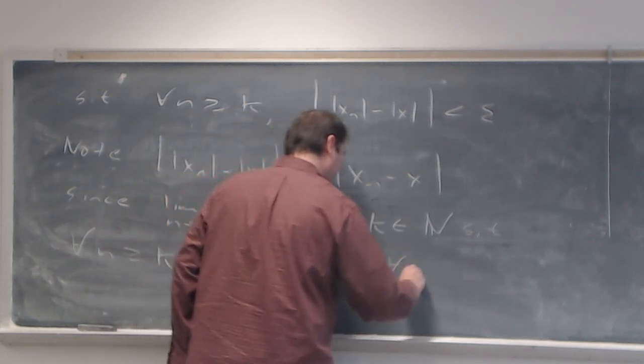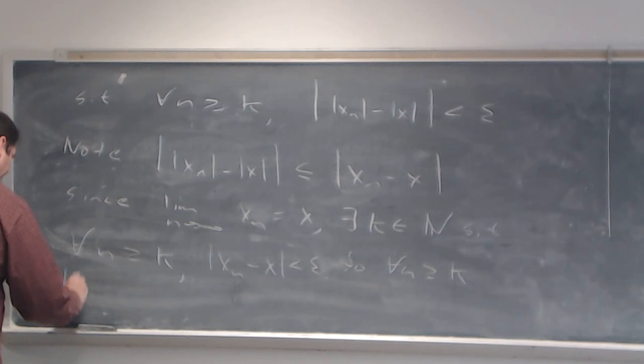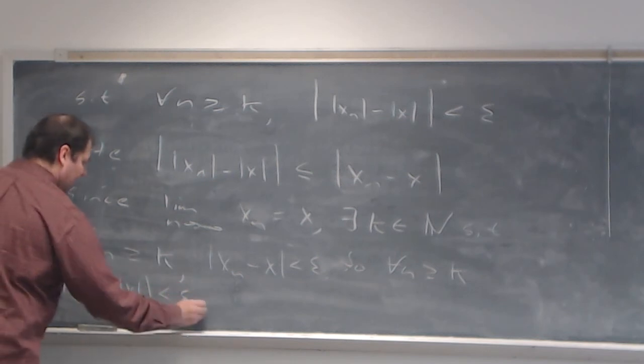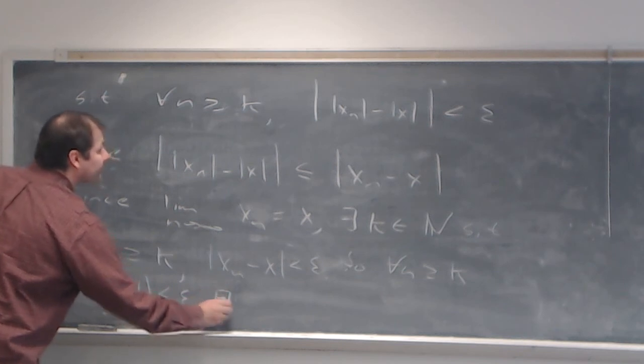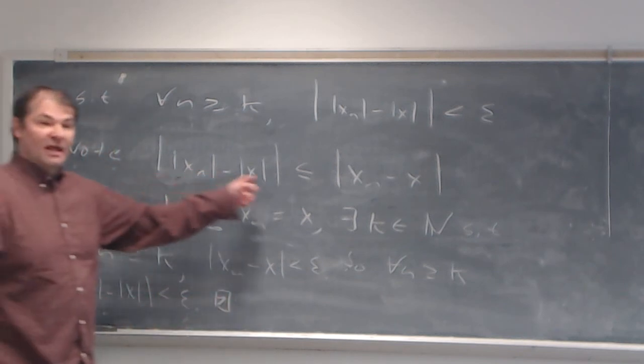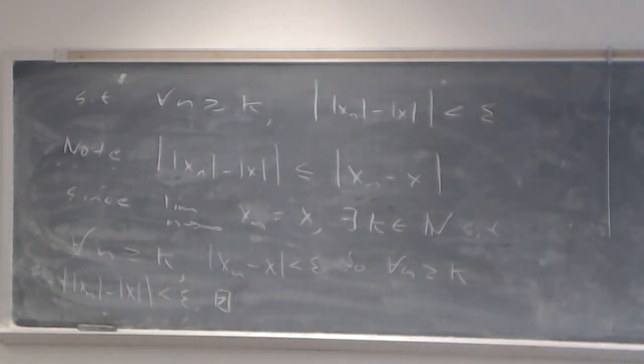So for all n greater than or equal to k, the absolute value of the absolute value of x sub n minus the absolute value of x will be less than epsilon. It's just based on this relationship, okay? And that's a consequence of the triangle inequality, and we did it.